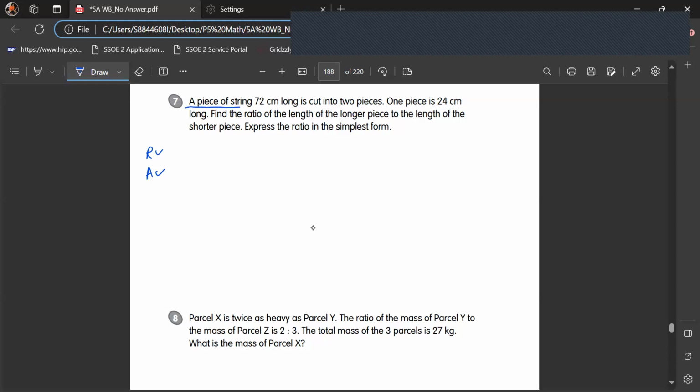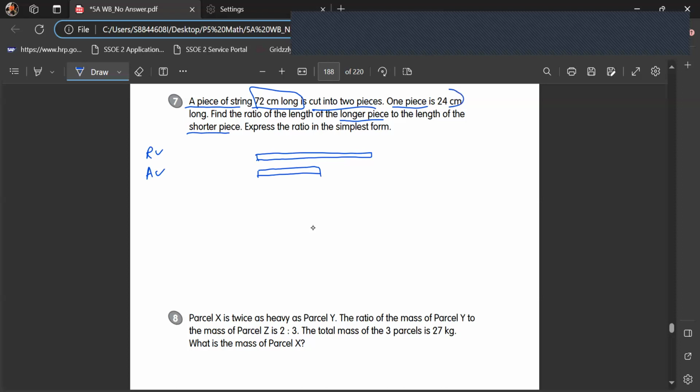So a piece of string of 72 centimeter long is cut into two pieces. One piece is long and the other piece is shorter. So I can already draw there's one piece that is longer and then there's one piece that is shorter. Not sure exactly how long and how short.